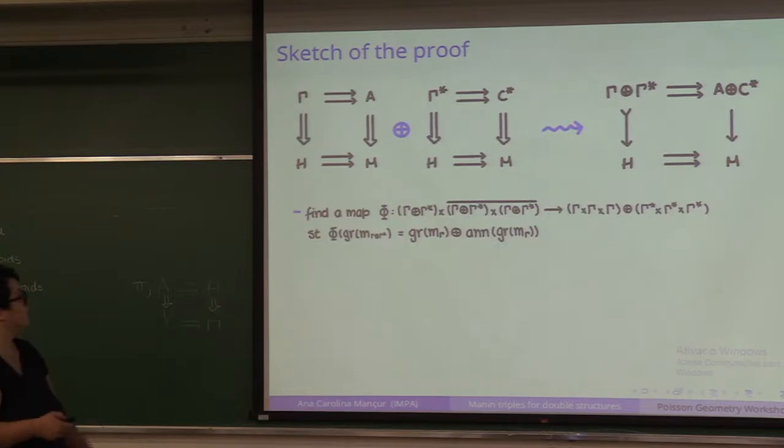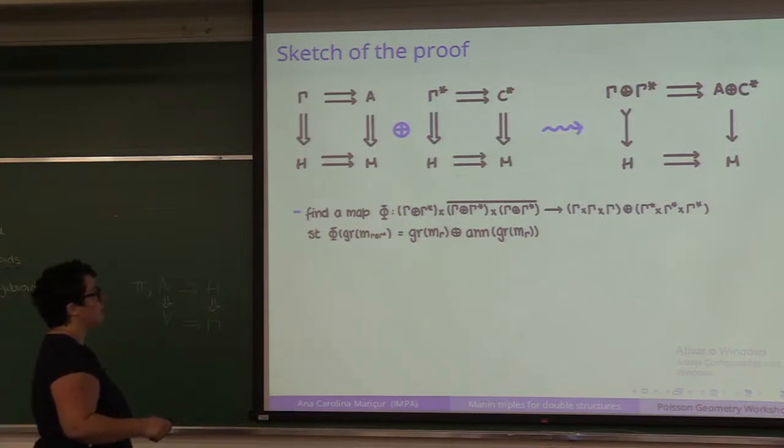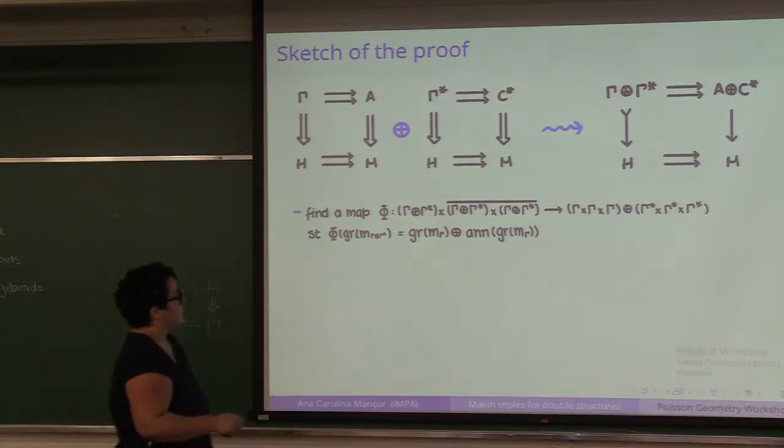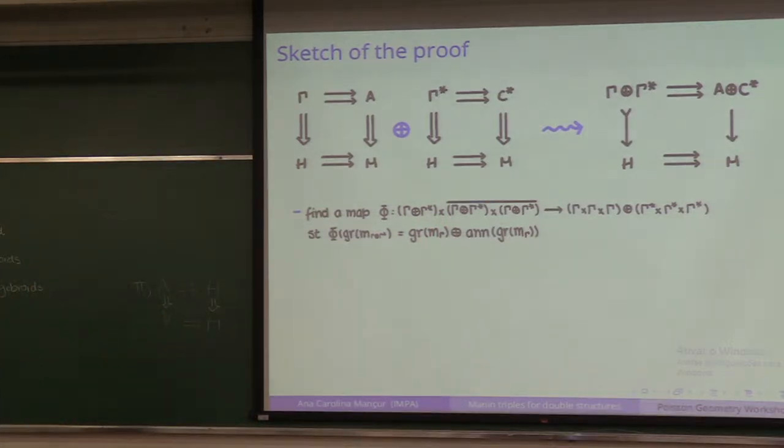So the first thing that we do is find a map from this space to this space such that it takes the graph of the multiplication of this groupoid to this double here. So we want to check the assumptions of the last proposition.